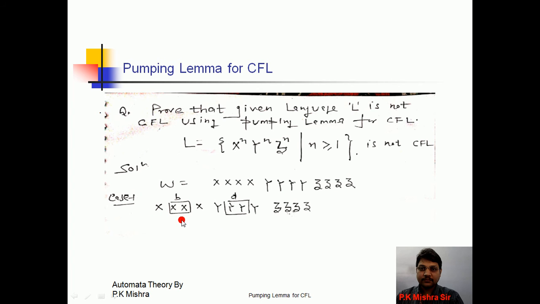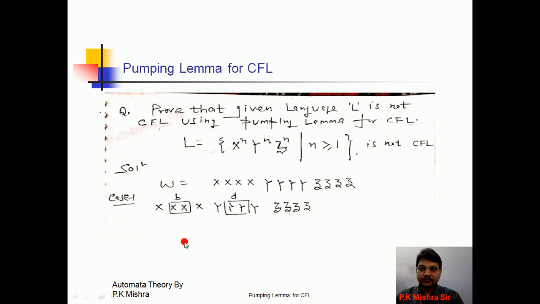If we pump B 2 times, then there are 6 times x, and if we pump D 2 times, then there are 6 times y, and 4 times z.